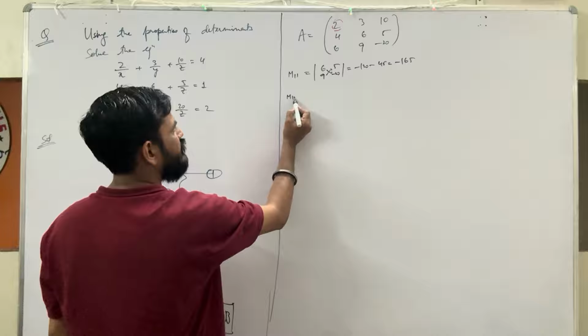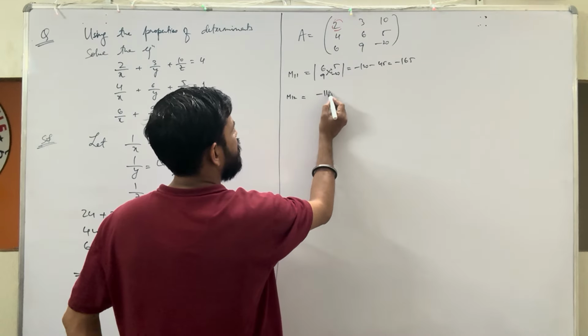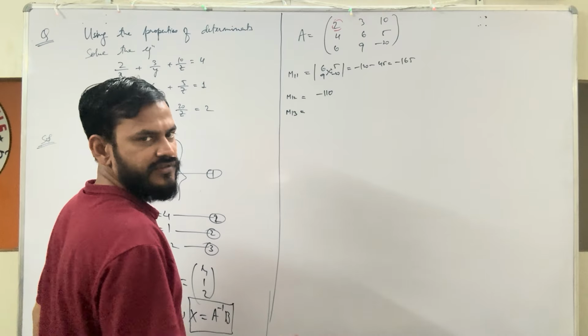Similarly, if you find m12, it will be minus 80 minus 30, which is minus 110. m13, if you have the values, please tell the values. 0.